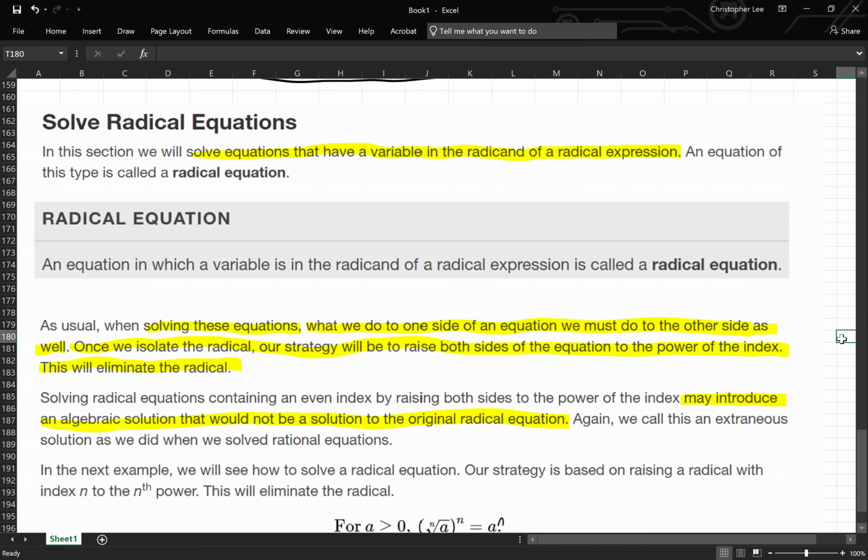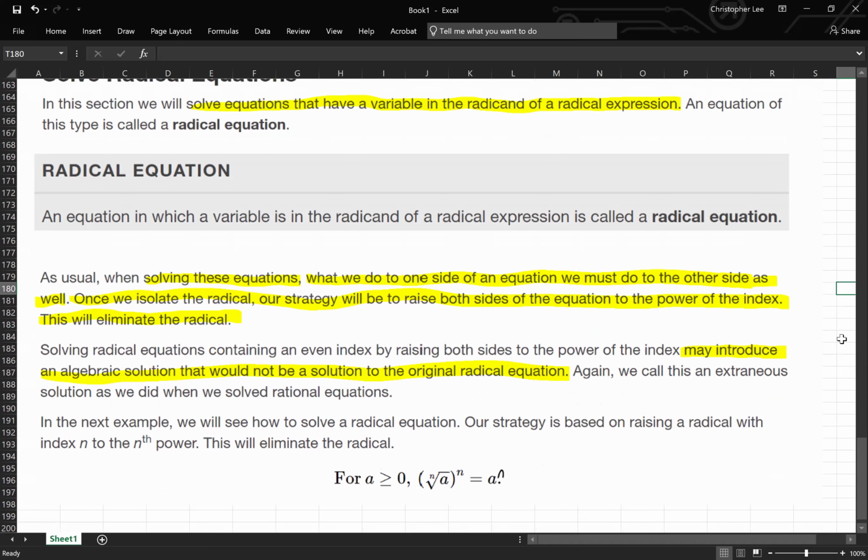Our strategy is based on raising a radical with the index n to the nth power, and this will eliminate the radical. So for a greater than or equal to 0, the nth root of a, raised to the nth power, is just a. So I don't know why I had that here. My mistake. This would be just a. All right.